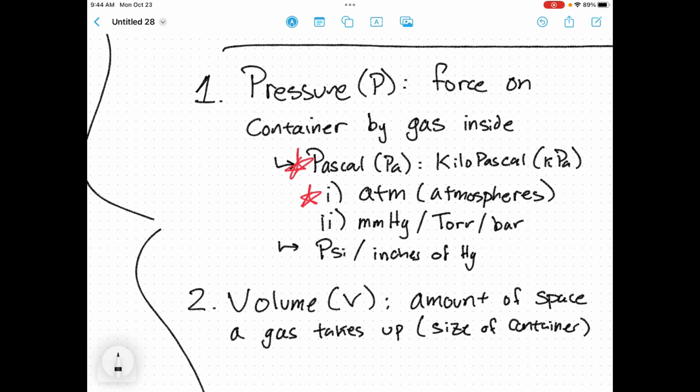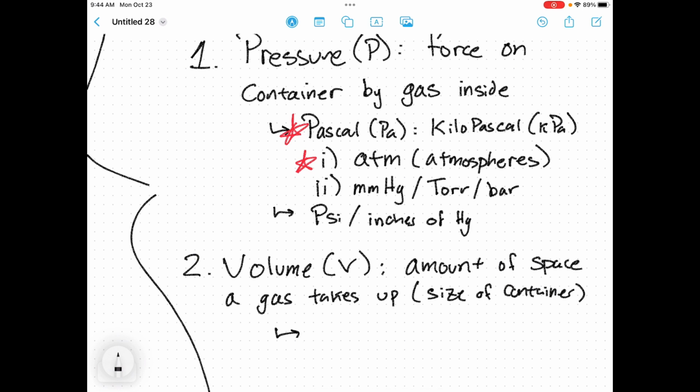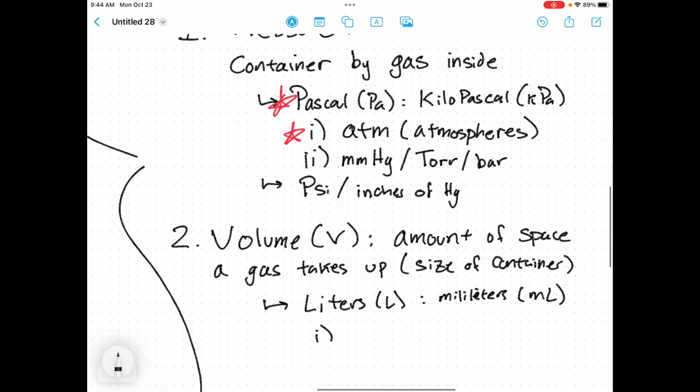Most commonly, the units you're going to see for volume are liters, which we'll write with the letter L. You'll also see milliliters, mL. Those are probably the two most common you'll see. You might also see, a little bit less commonly, meters or cubic meters.